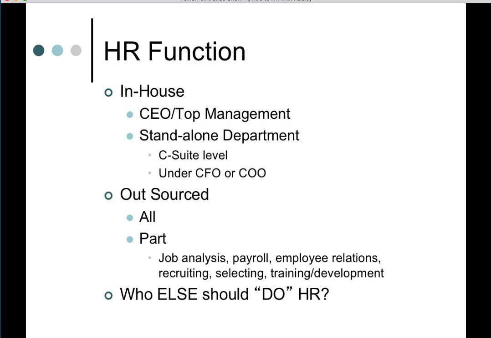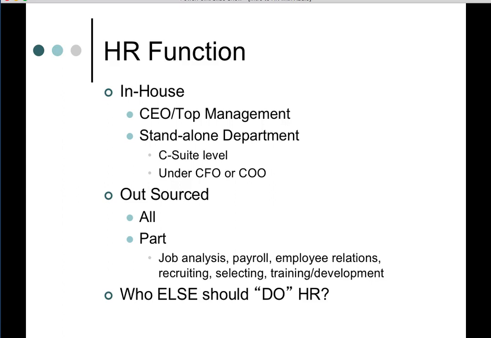Let's start though with talking about the in-house stuff. In smaller organizations, typically the CEO or someone in the top management team is involved in managing HR, and it's not necessarily an HR professional, but it could be the chief operations officer or the chief executive officer or anybody in that C-suite.